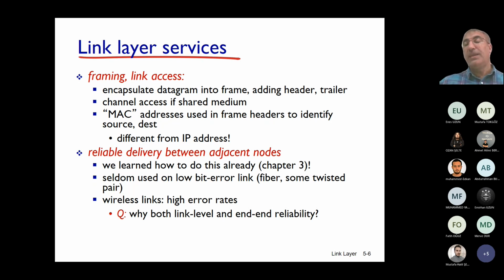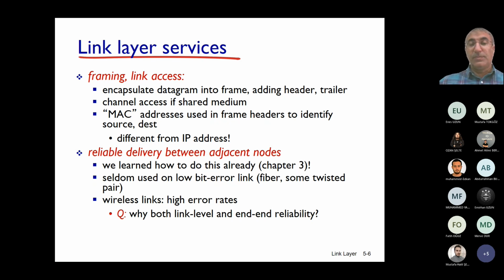Another main important function is called link access. You have a base station or a Wi-Fi access point, and in such a case the channel can be shared. If you have a shared medium, you need to provide that link access to your hosts, your mobile devices, and so on. This is called link access.